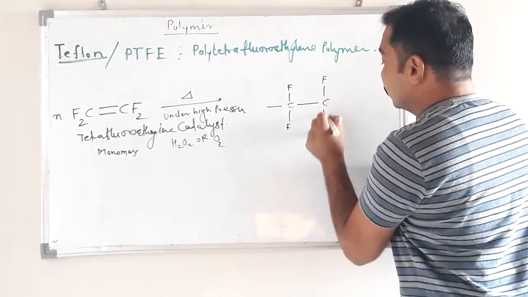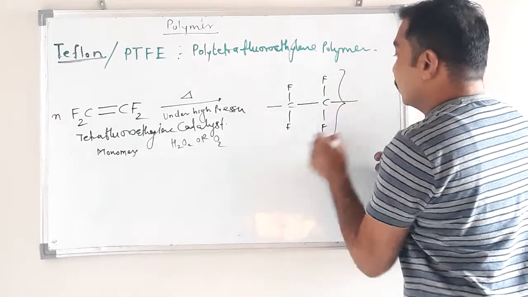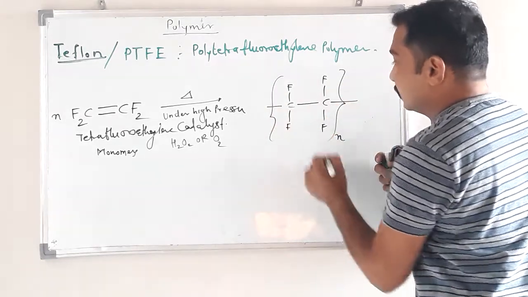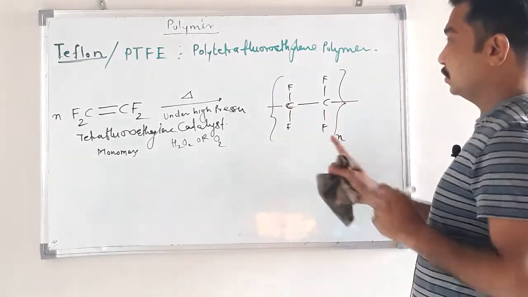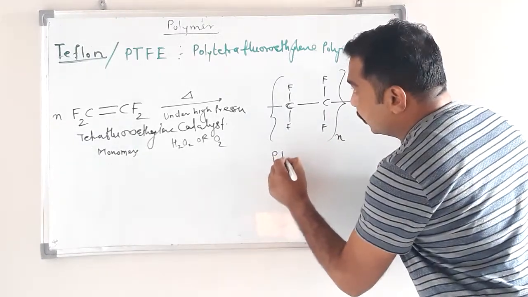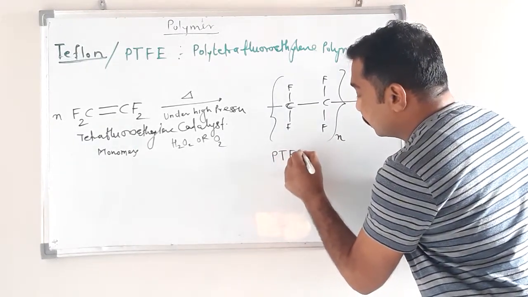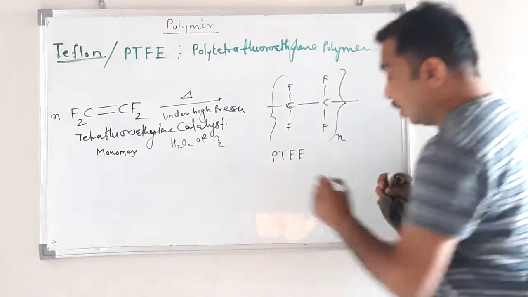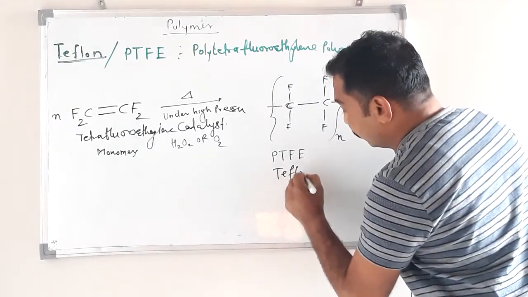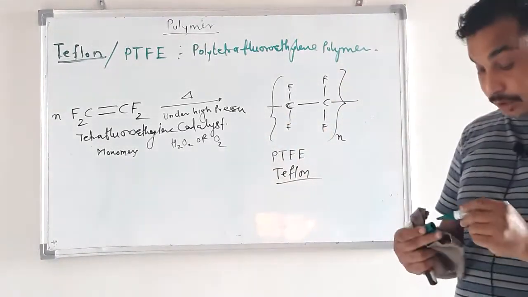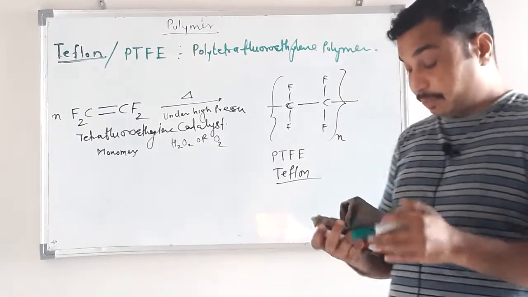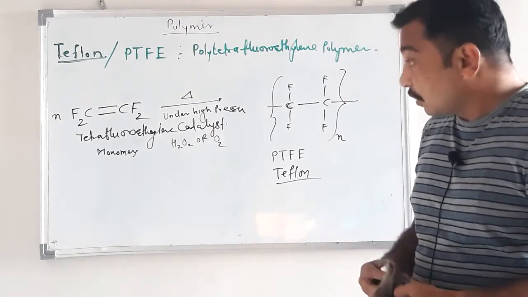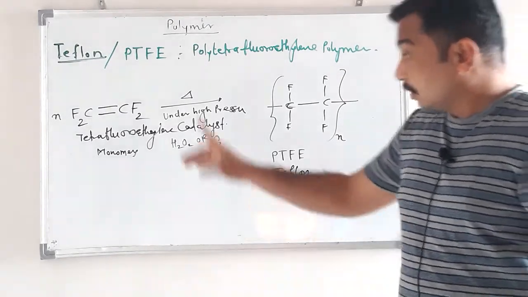this type of polymer, n number. This polymer is known as PTFE polymer or Teflon. So this is the simple method for the preparation of Teflon. What we have to do in this preparation?